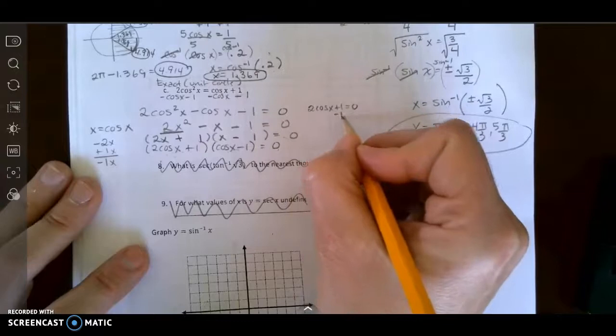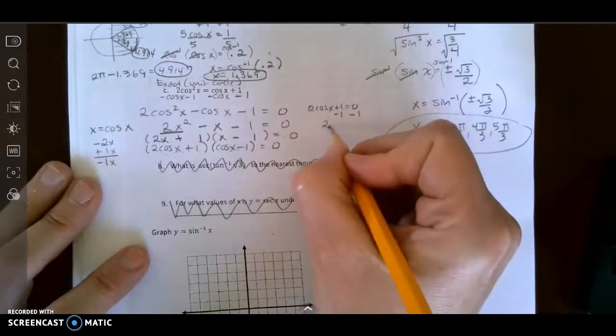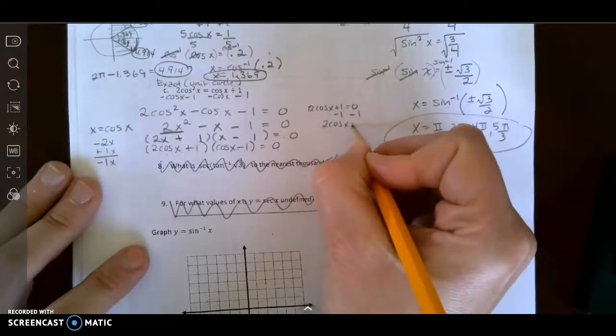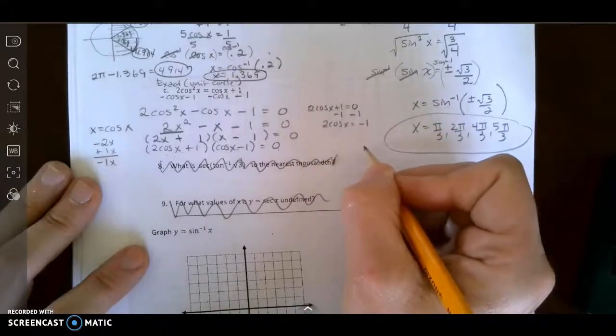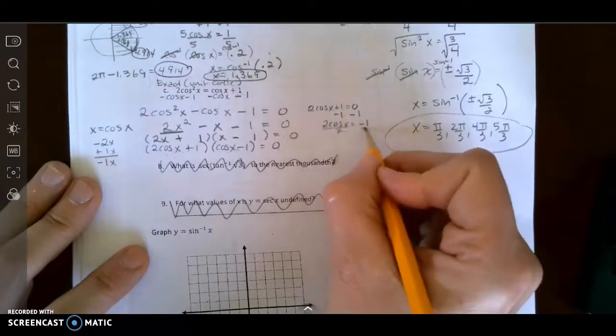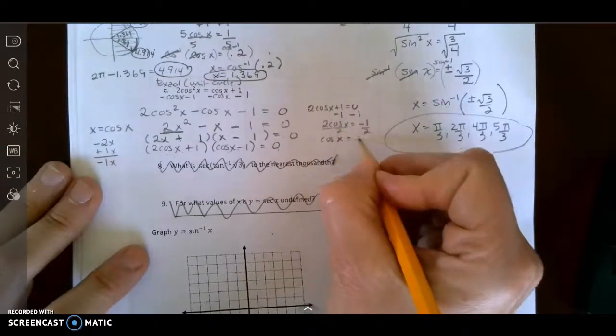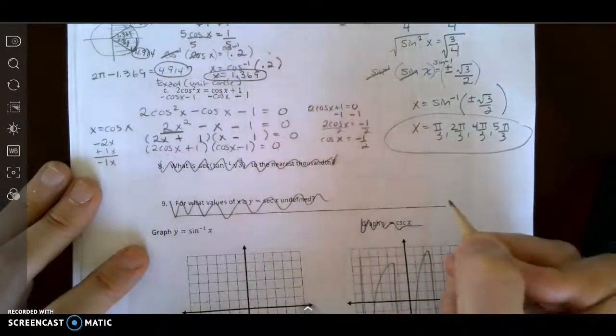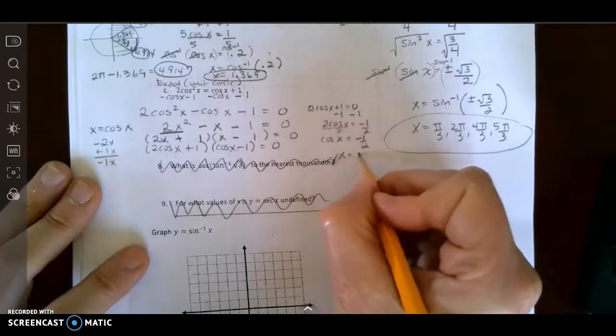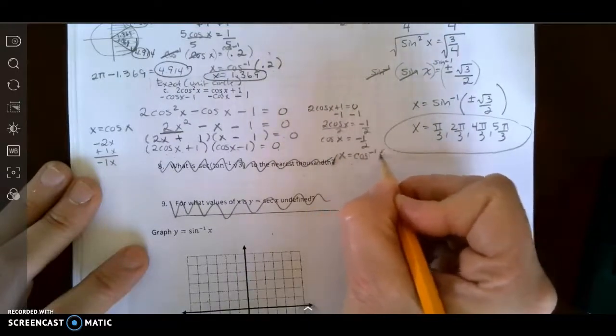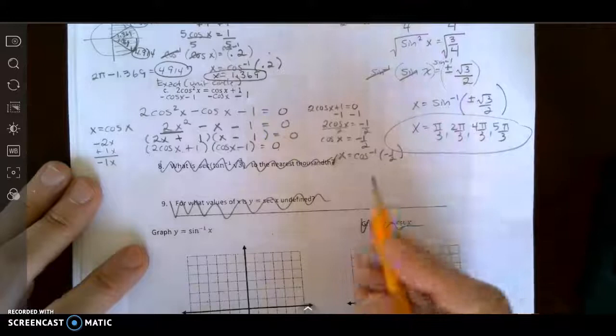I'm going to subtract 1. 2 times the cosine of x equals negative 1. Divide both sides by 2. Cosine of x equals negative 1/2. So x is the inverse cosine of negative 1/2.